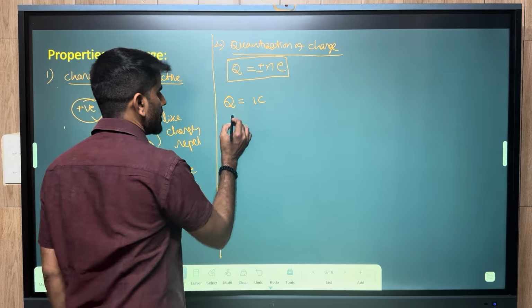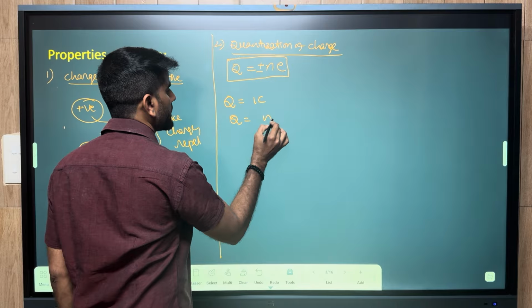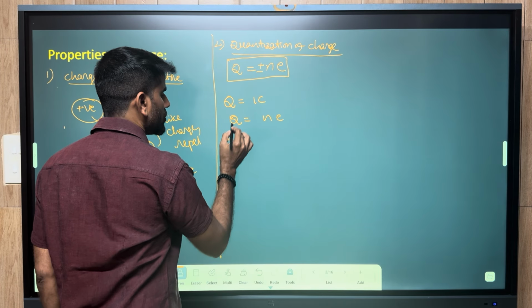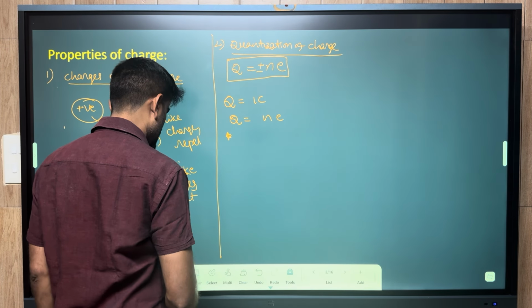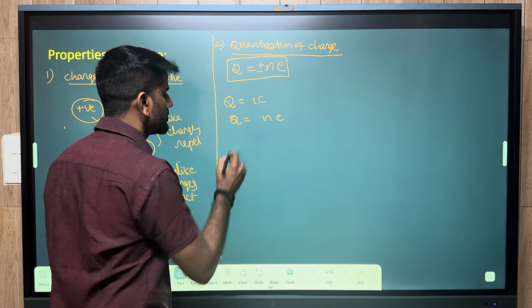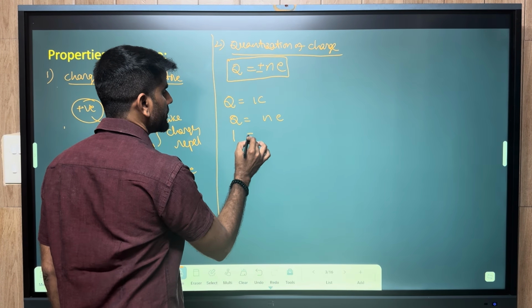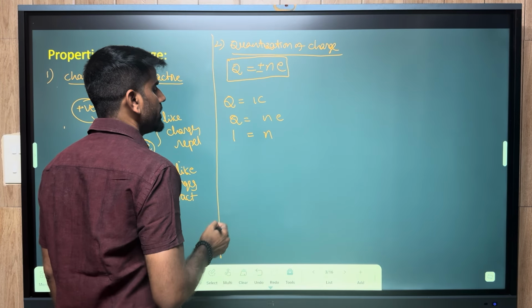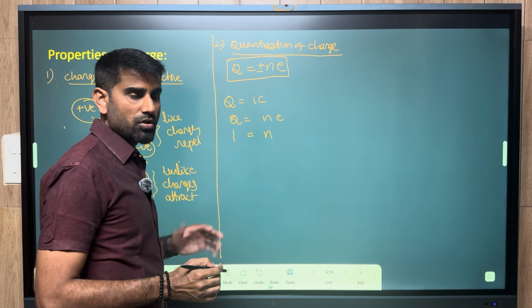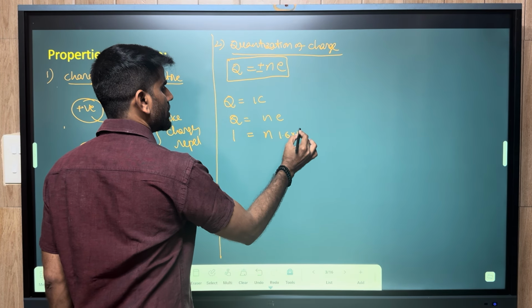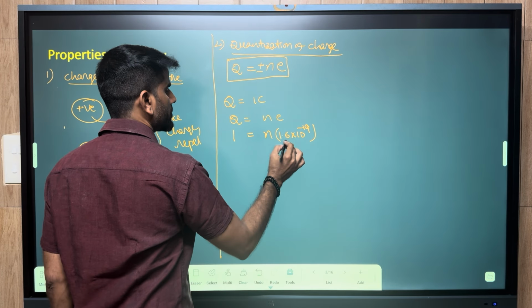I know Q is equal to nE, and I know Q is equal to 1 coulomb, which is equal to n, which I am going to find, and E means the charge of either an electron or proton, which I am writing as 1.6 times 10 to the minus 19 coulombs.